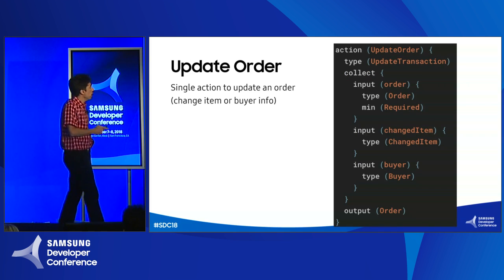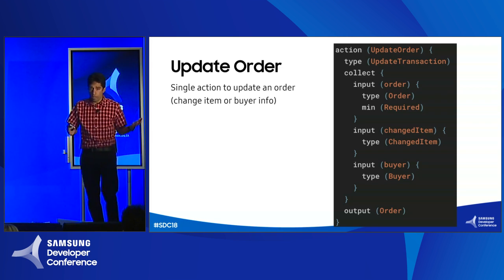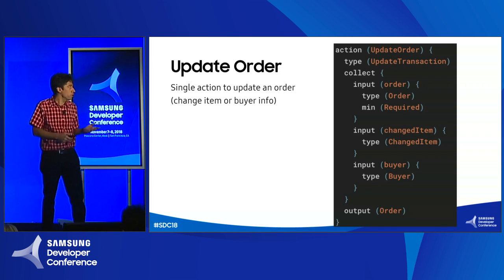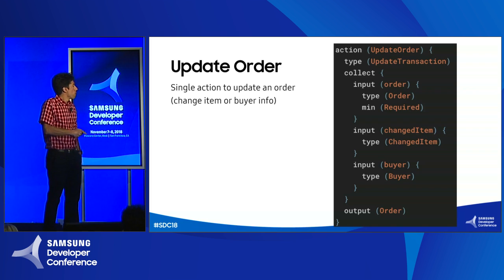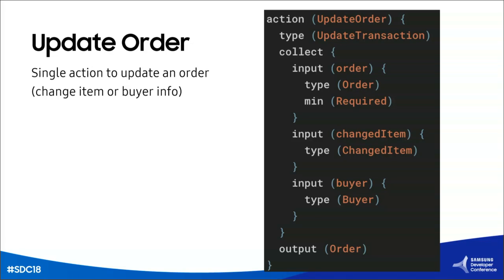Again, the update order action is also one of the actions we showed earlier in the diagram. It takes an order, and the output is the updated order. And it also takes inputs that say what has to be changed in the order.